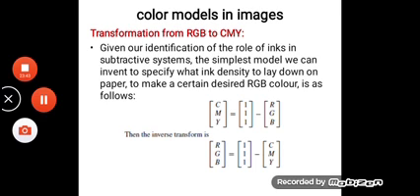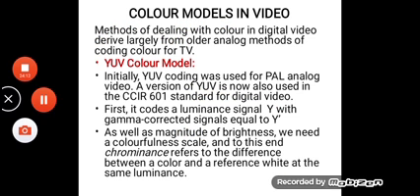So this is the inverse transform that we use to convert the color model from one to another. Given the identification of the role of ink in the subtractive system, the simplest model we can invent to specify what ink density to lay down on paper to make a certain desired RGB color is as follows. This is how the inversion took place.